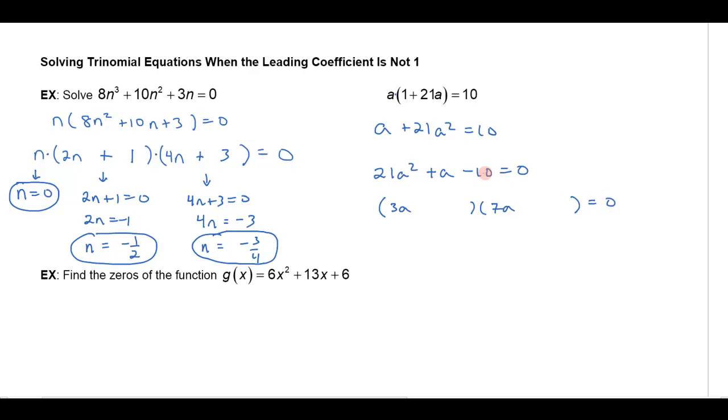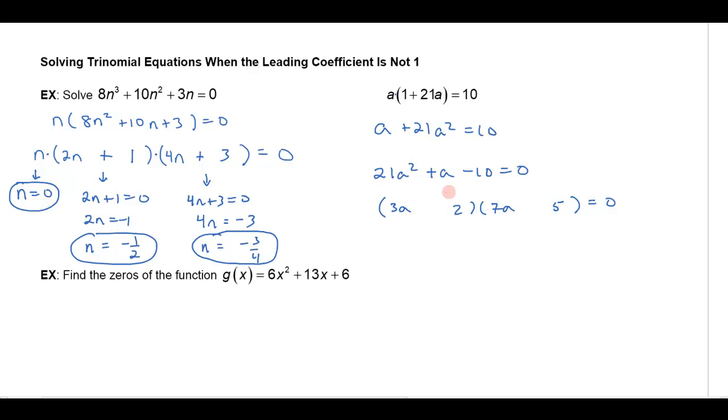And let's try the factors of 10. Let's try 5 and 2. And right away, I notice if I put a 5 right here and a 2 right here, that would give me 15a and 14a. And if I combine 15 and 14 in just the right way, it's possible to get 1a in the middle. Especially I notice that since this is a negative 10, the 2 and the 5 are going to have to be different signs, right?